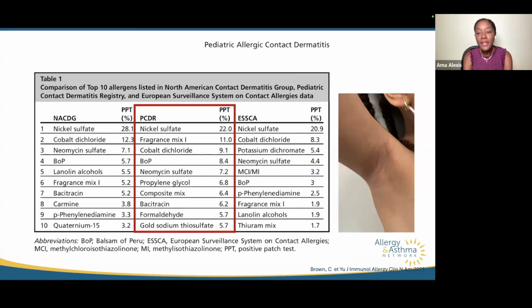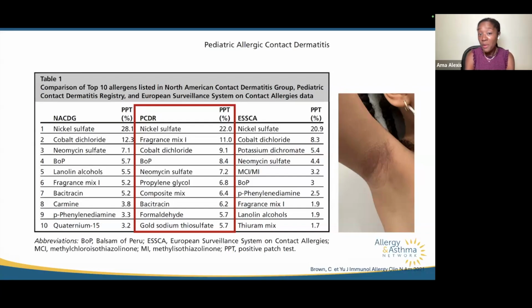All right, so my colleague, Dr. Yu from Boston, sees a lot of pediatric patients who he patch tests, and so he published his results regarding the pediatric data that we see here highlighted in the middle. The picture here is of a young lady who developed a rash in her armpit when she started using deodorant. So what do we see in the pediatric population? Nickel, again, is number 1.